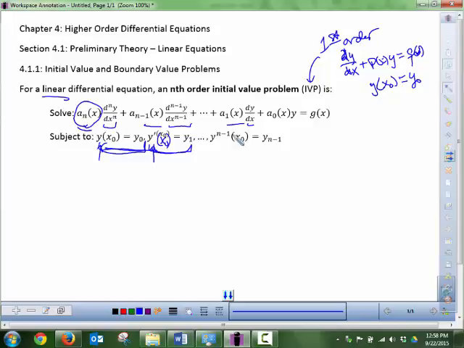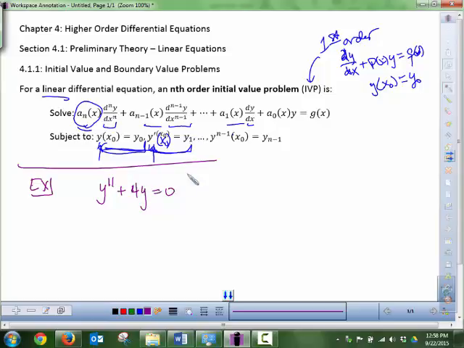So, for example, if your differential equation looks like y double prime plus 4y is equal to 0, then your initial conditions might look something like this: y of 0 is equal to, I don't know, 0, and then y prime of 0 is equal to 1.